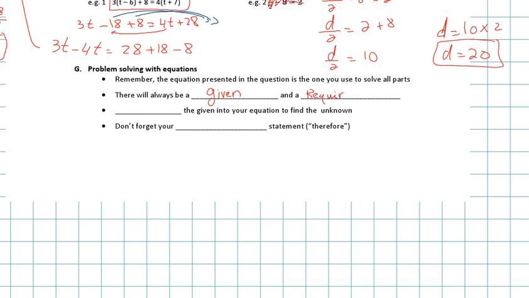You're going to have to substitute the given into your equation to find the unknown. And don't forget your therefore statement or your paraphrase statement. Remember to start with writing this.